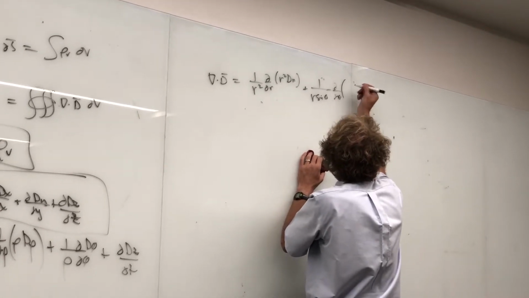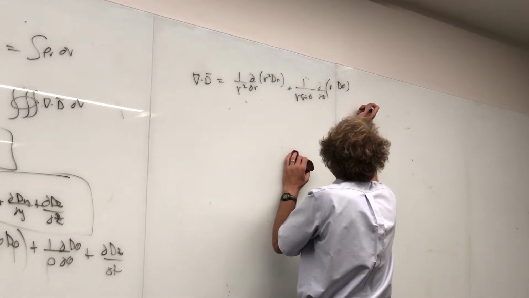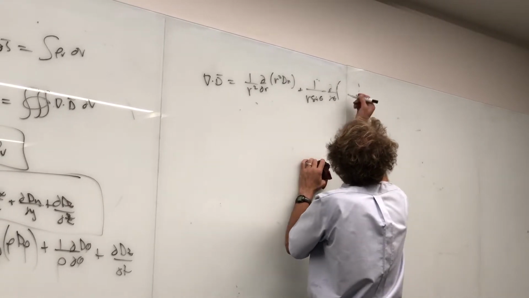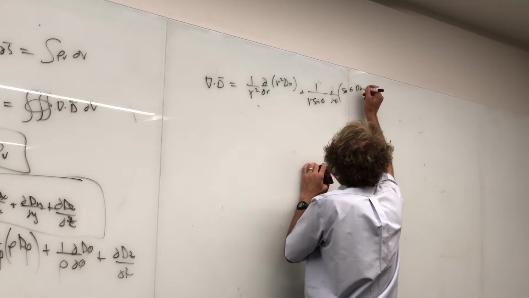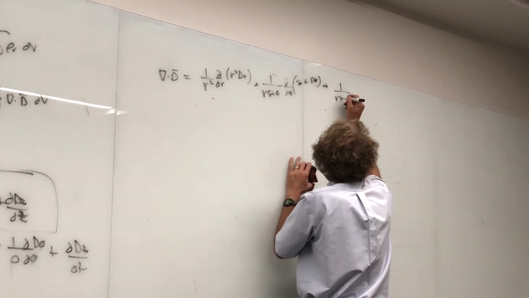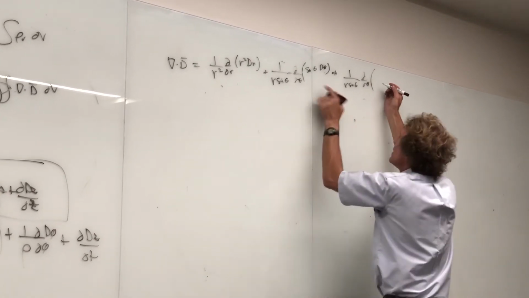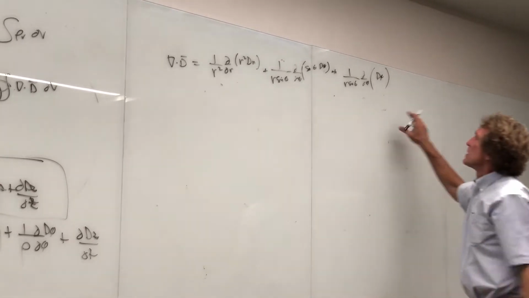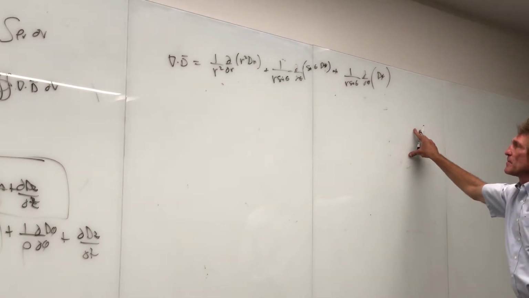Does he have this form? He's got d theta of sine theta. Ah, okay, never mind. I'm wrong there. So this is going to be d theta of sine theta A theta, right? My bad. And the last part is 1 over r sine theta, and then it's going to be d phi of A phi. Is that right? Yeah. All right.